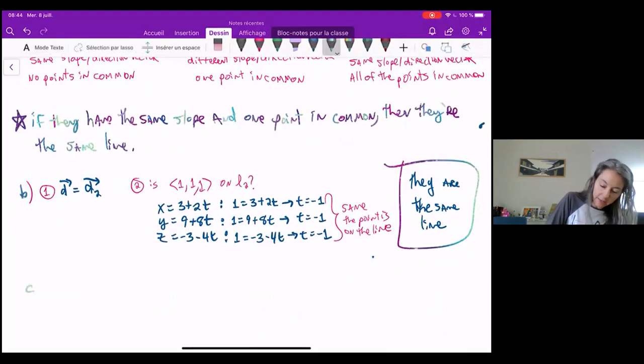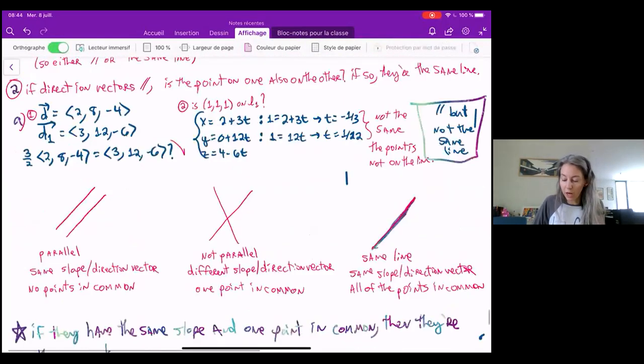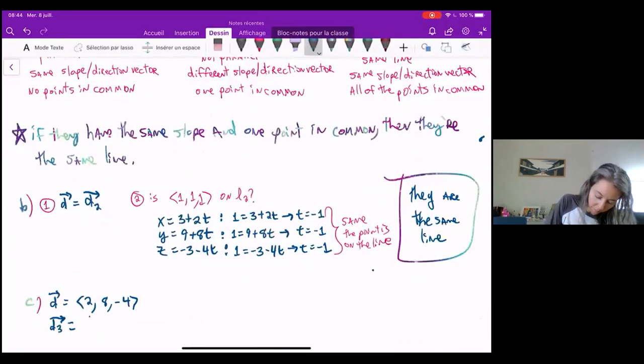So with C, my D is still equal to 2, 8, negative 4. So then my D3 is the direction vector of my line 3 here, 8, negative 32, 16. So I can see that in order to get from one to the other, I just have to multiply by 8 over 2, so that's 4.